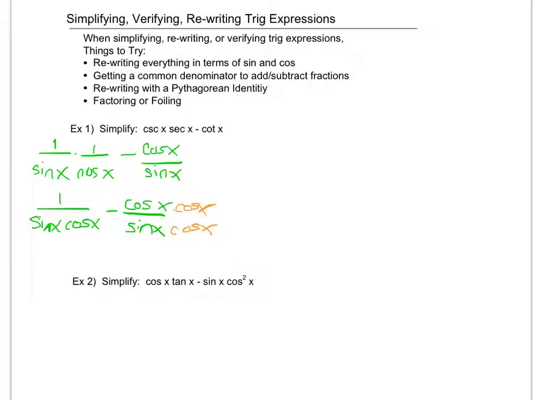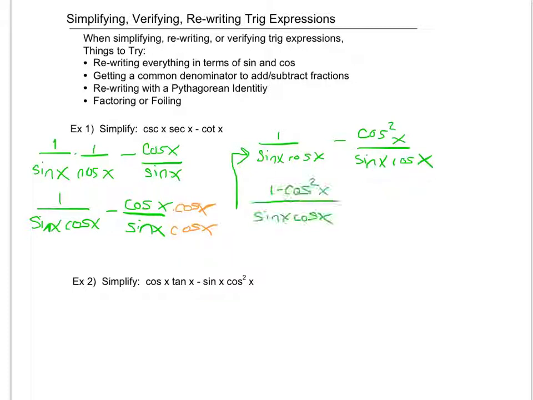After doing so, I'm going to have 1 over sine x cosine x subtract cosine x times cosine x is cosine squared x over sine x cosine x. Well, now that I have the same denominator, I can go ahead and put them together, giving me 1 minus cosine squared x on top all over sine x cosine x.